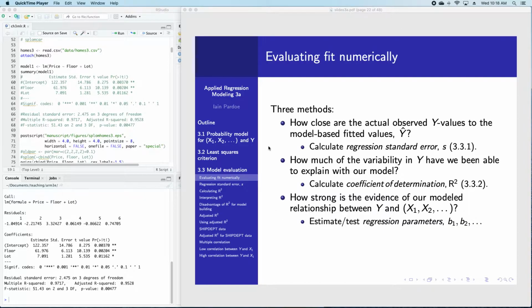So the first two of these methods, the regression standard error and the coefficient of determination, carry over from simple linear regression. But this last one is a little bit more complicated because now instead of a single regression parameter that we're testing, there are multiple regression parameters that we're testing.